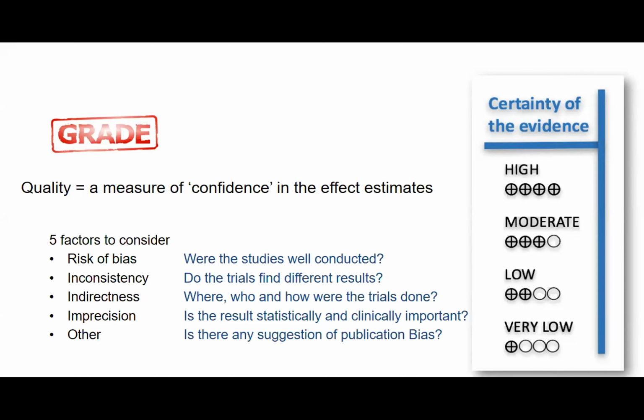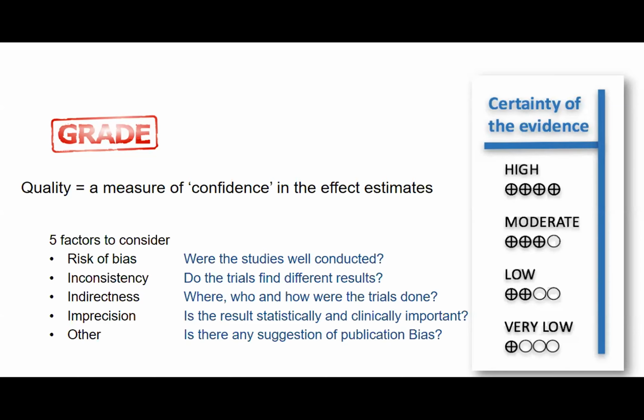So when you are reading systematic reviews, have a look at the summary of findings table. It's a good starting point once you've orientated yourself to what the review is all about. And if they've done the GRADE assessment, it will actually give you the results about whether this intervention works or not. So if you, for instance, want to find a systematic review on hydroxychloroquine, if you look at the summary of findings table, you can see also what is the impact or the effect of that intervention and how certain are we of the evidence.